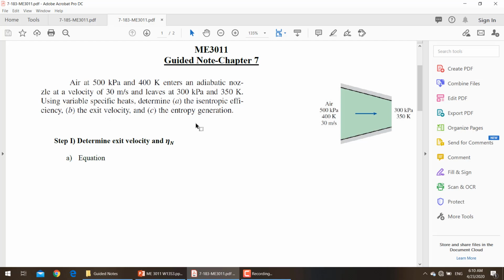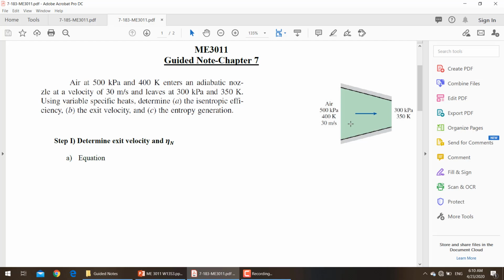So look, guys, because we have this figure, all information is available on this figure. So I just skip step 1, making a table and collecting all available information. You can skip that step. Everything is available here. To find the isentropic efficiency and exit velocity, you need to write the equation.